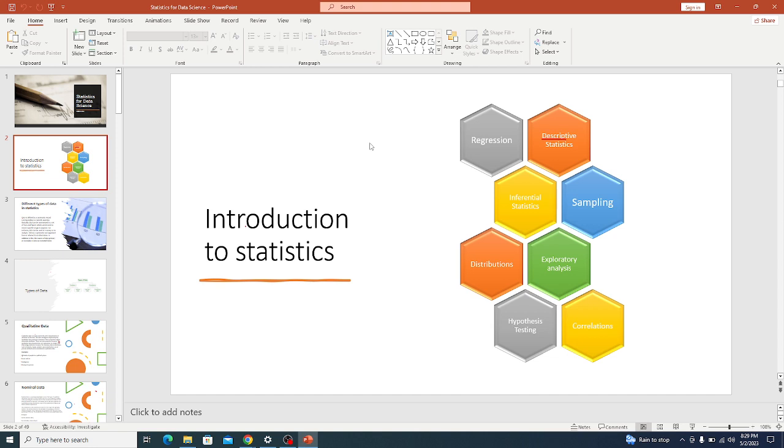But under sampling, we'll just do some highlights, that is different methods of sampling, because we won't do much practical work under sampling, since it needs more simulation, which is at an advanced level.